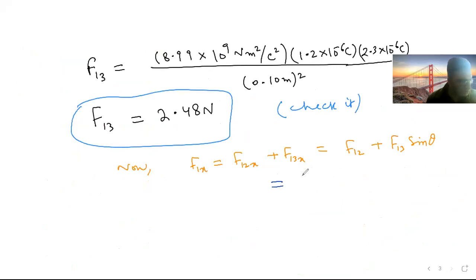So F12 we have calculated is 1.77 Newton plus, then we have calculated F13 which is 2.48 Newton, but you have to multiply with the sine of theta. Angle is given 32 degrees, so it is sine of 32 degrees, right? 1.77 Newton plus 2.48 Newton times the sine of 32 degrees.